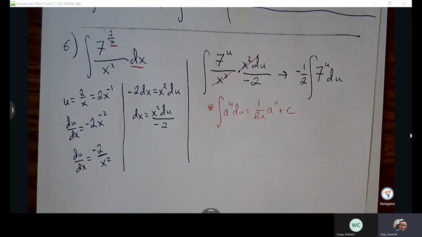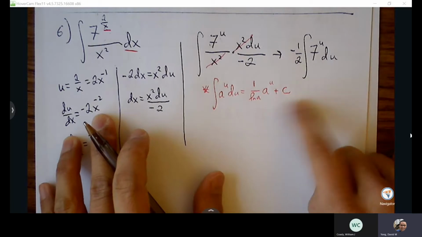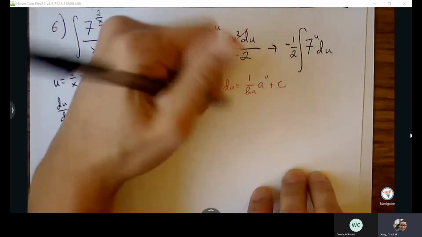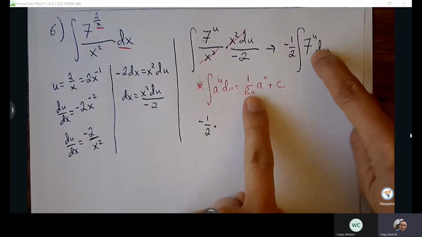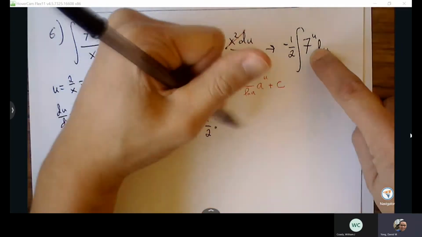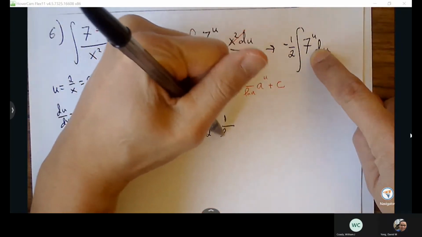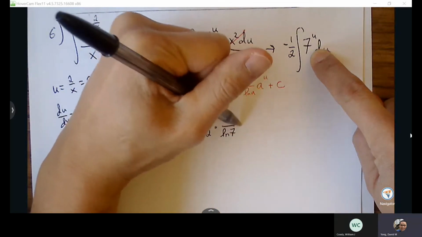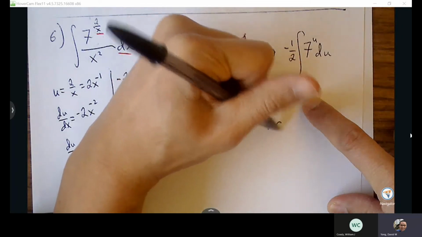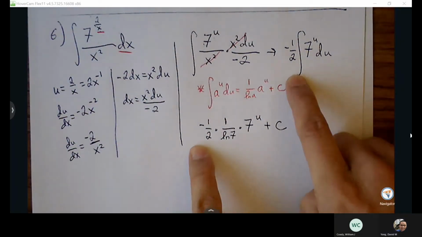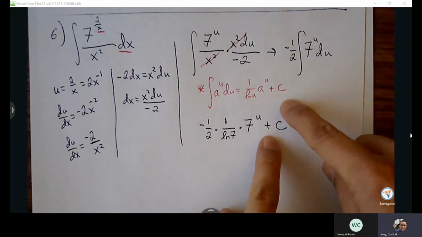So we're going to apply this rule here. The negative 1/2 is just going to hang out in front. There's a conversion that has to happen: 1 over natural log of 7 into base e. And then the rest, 7 to the u plus c. Coefficient, rule, plus c.